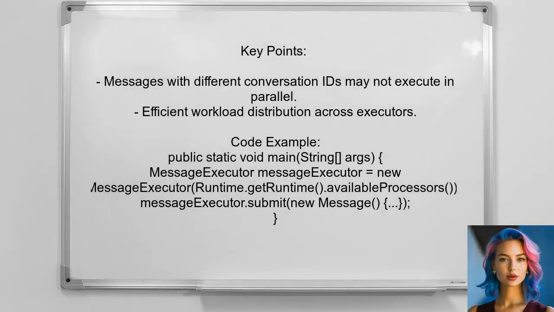The user also highlights that while messages with different conversation IDs may not always execute in parallel, this approach effectively balances the workload across available executors. They provide a code example demonstrating how to implement this message executor, ensuring that messages are distributed efficiently.